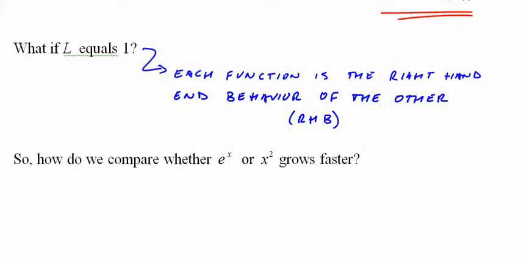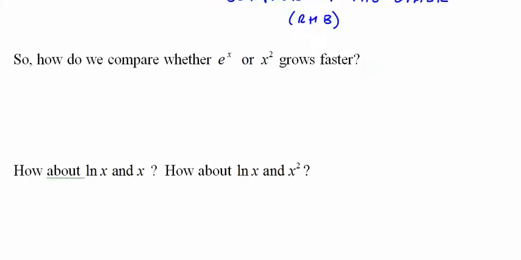So how do we compare whether e to the x or x squared grows faster? We'll just do what I just did. Take the limit. Let's put x squared on top. By the way, I have this horrible habit of making this a 0. I don't know what it is. Happens all the time. Watch out. If we do this limit, we get infinity over infinity.